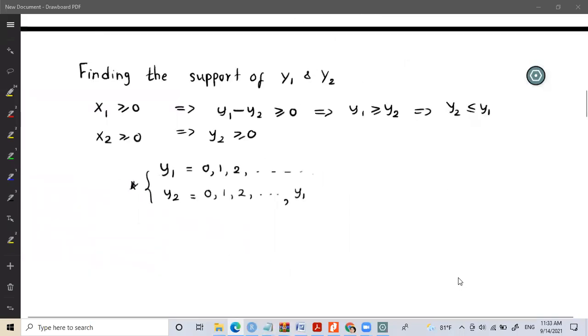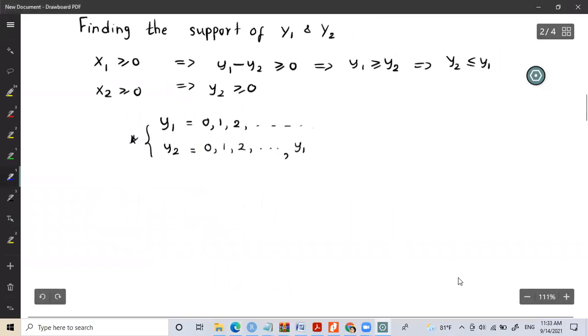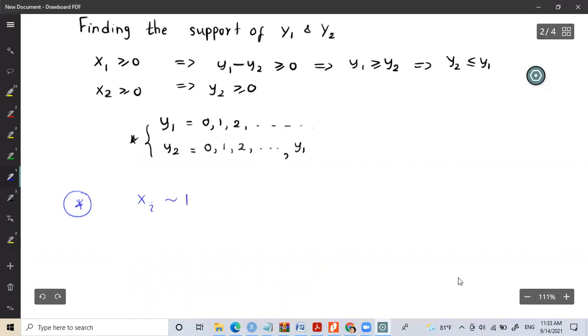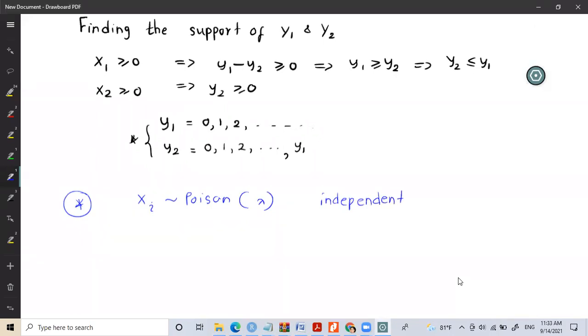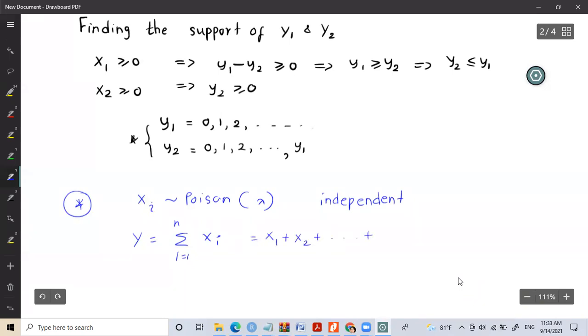So from this, I'll give you some extra things that will be very useful to you. If you have independent Poisson distributions, xi having the same parameter lambda, and you find the sum of the xi's for i from 1 to n, that means x1 plus x2 plus up to xn.